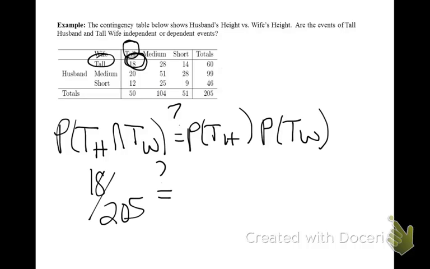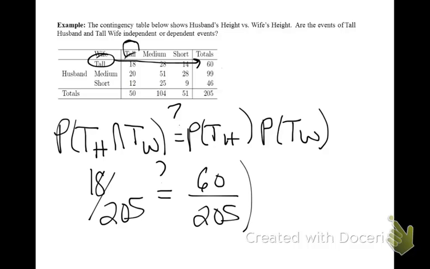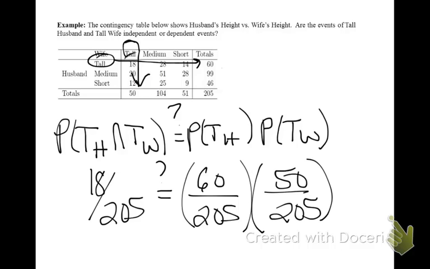And we want to know, is this the same as the probability of a tall husband? So that's 60 husbands that are tall out of 205. And a tall wife. There's 50 tall wives out of 205. These fractions are not equal to each other, so it's not independent events.